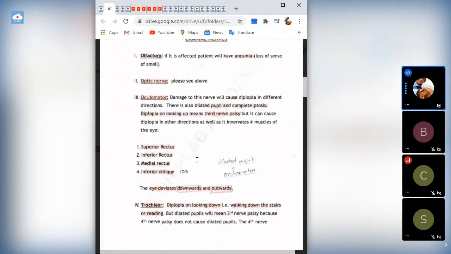So a patient that has oculomotor palsy will have an eye that deviates downwards and outwards. Okay. Now they pull to the side where the muscles are still intact. So it's just like during facial nerve palsy. All right, the face will deviate to the good side. Why? Because on the good side, the muscles are still intact.